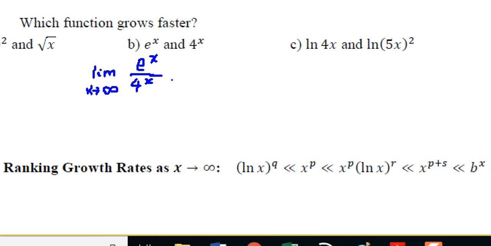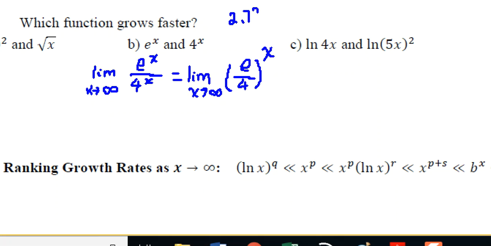So here's the trick. As x approaches infinity, you do this: e over 4, raised to the power x, right? Now, what is e over 4? e is about 2.718.